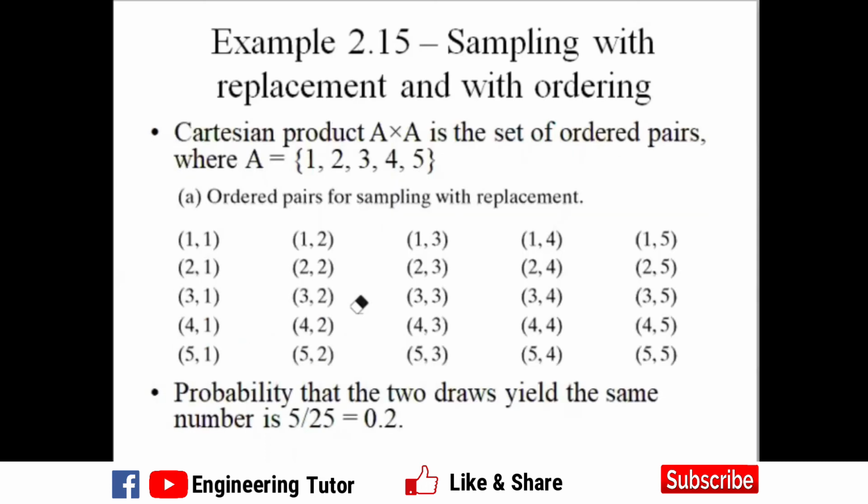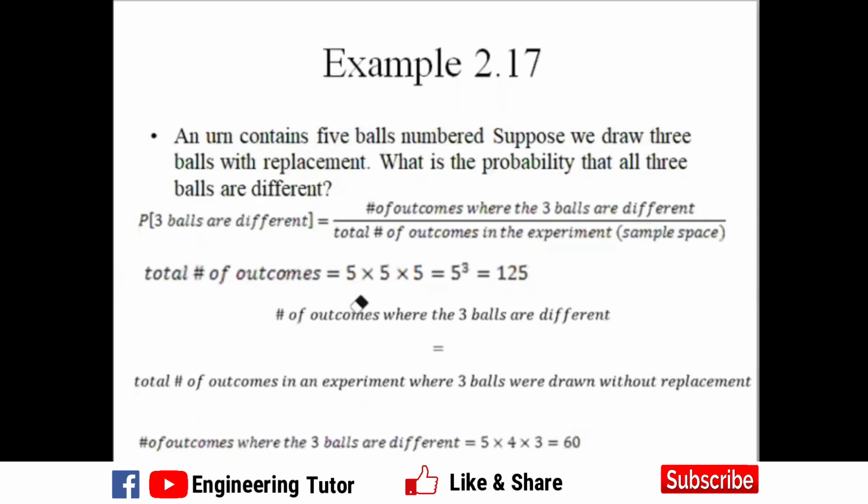But here the nature of the example is somehow different, in which we have to find the probability that the 3 balls picked will have different numbers. So we have again 5 balls, numbered 1 to 5, and we are using again with replacement.